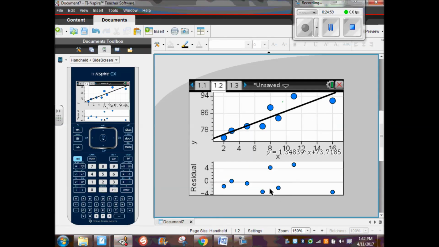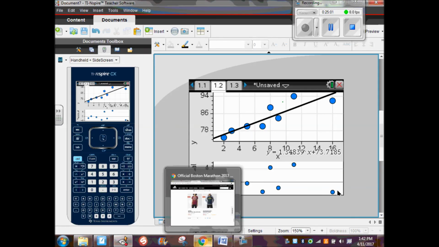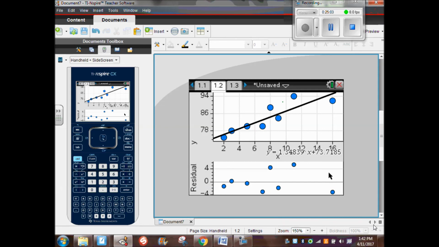Look at this residual. Is there really a definitive curve to it? Scattered is good. So that means when my residual plot is scattered, that tells me that the model I picked was appropriate.